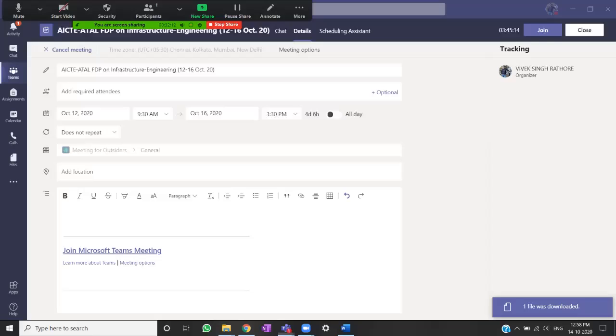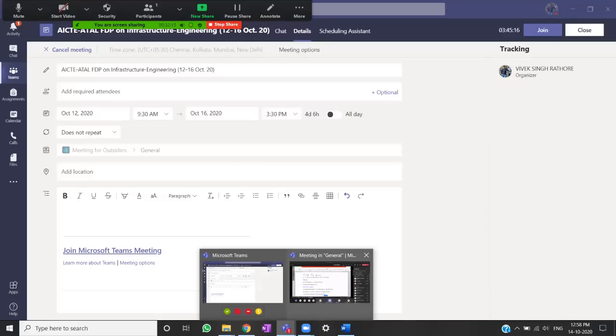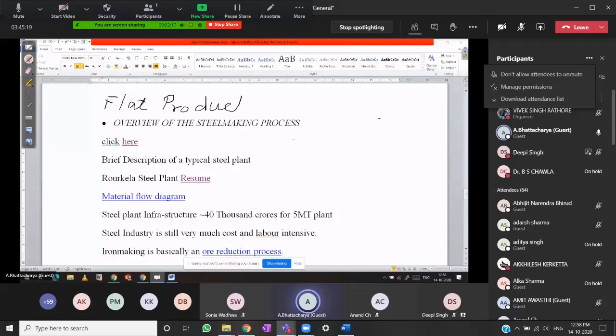Means generally plate, strips, then pipes. The pipes are made from flat product. So Rourkela steel plant is known for flat products.